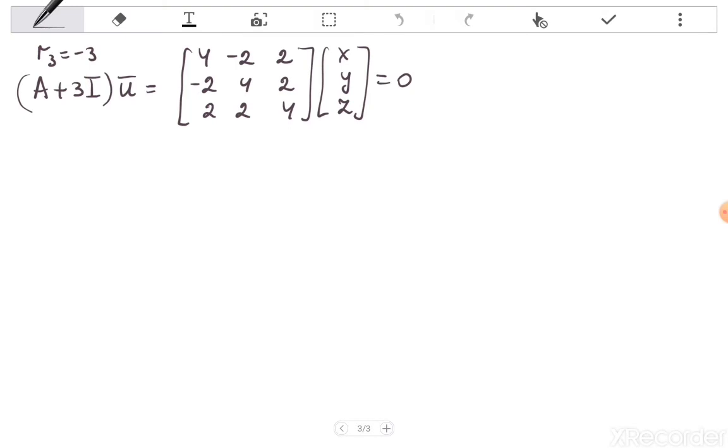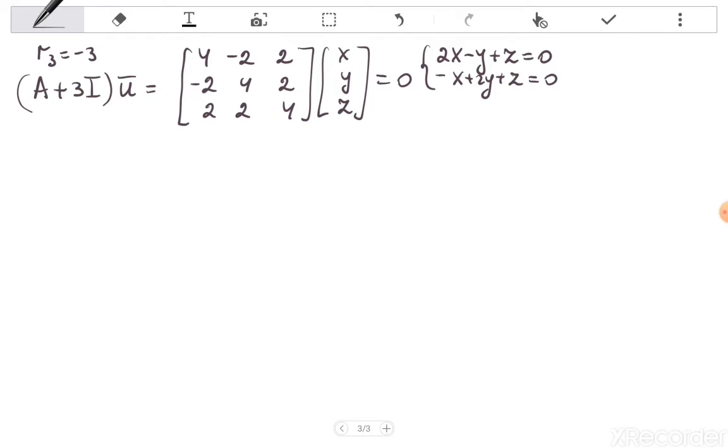Okay, so what we can do now, of course, is that one of these lines must be linearly dependent, so we can choose just two lines. Let's divide by 2, so 2x minus y plus z is 0, and minus x plus 2y plus z is 0. So we choose the first and the second row. You can check that the third row is just the sum of these two.